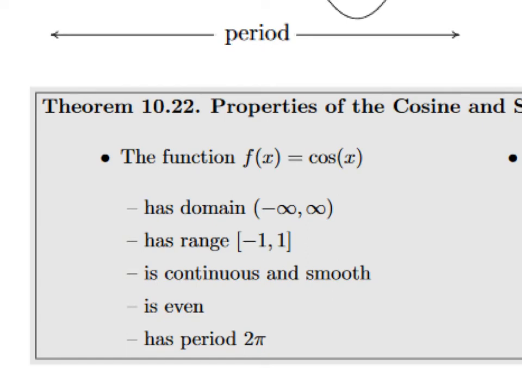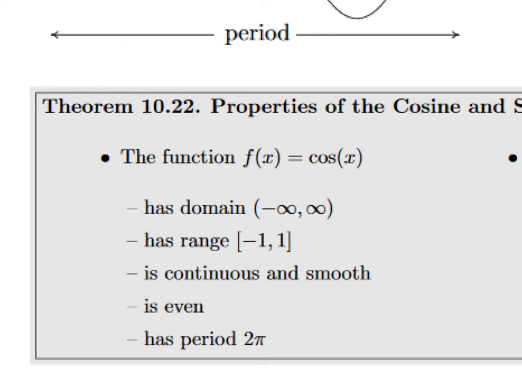So if you put 1 in there, make sure your calculator is in radians. Your range is -1 to 1. Notice the lowest output you're going to get on the unit circle for cosine is -1, and the highest is +1.